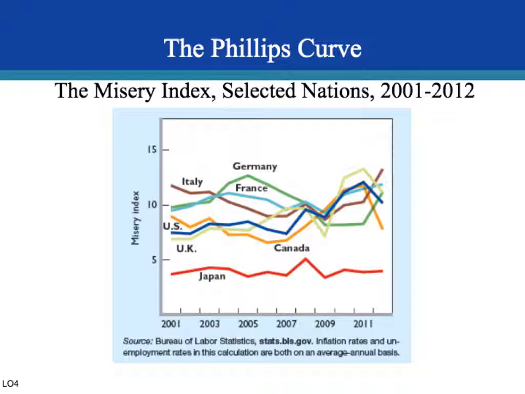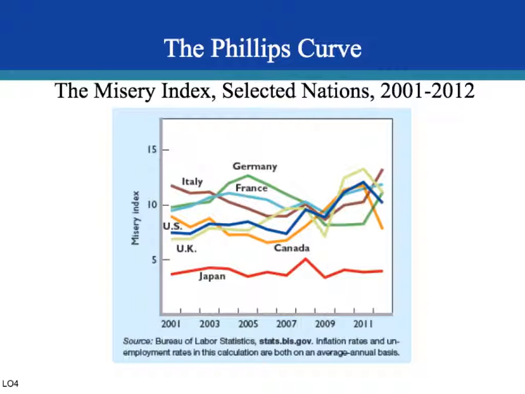Okay, so here we have a misery index, and this is the sum of a country's unemployment rate and inflation rate. The assumption here is that the higher the misery index is, or the higher the inflation and unemployment rates are, the more miserable a country is. But that's not necessarily true, because Japan is low on the misery index.